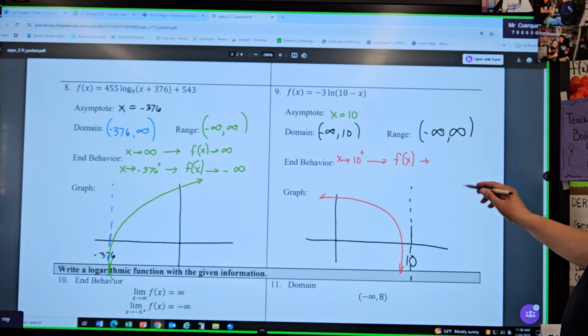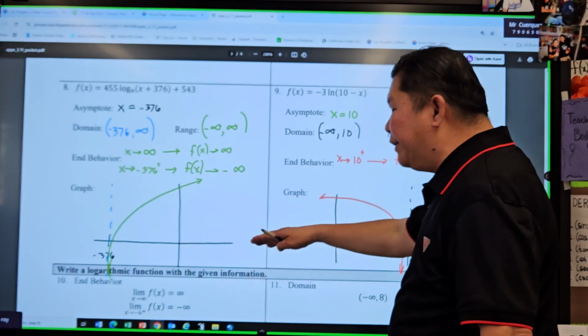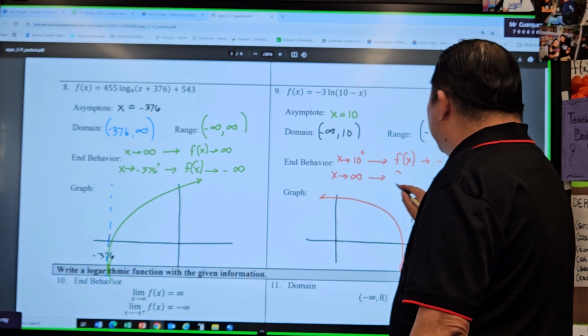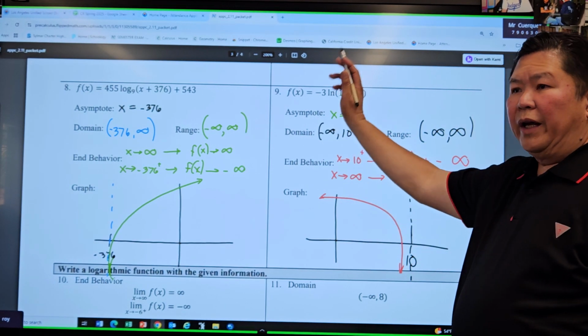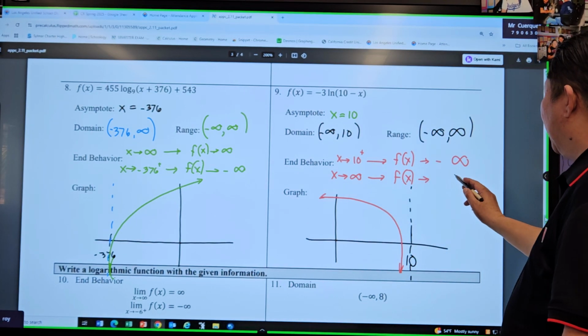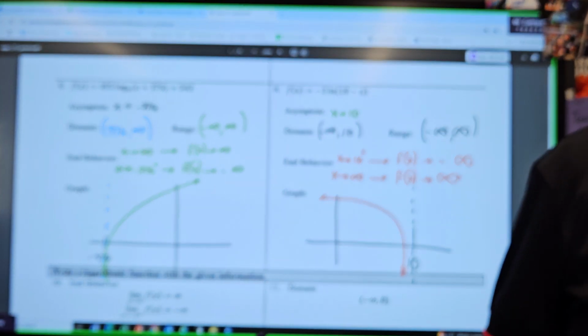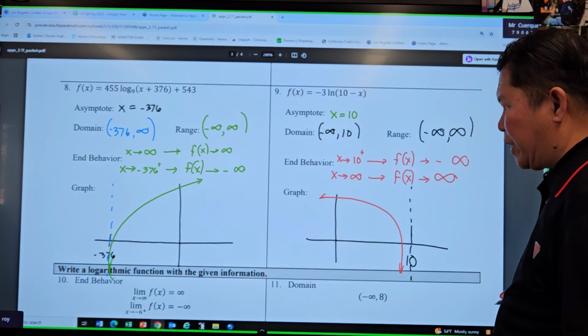Approaching negative infinity. Okay? And as x goes towards negative infinity, the function is approaching where? Going up, right? It's going to be positive infinity. So we're going to continue the discussions tomorrow.